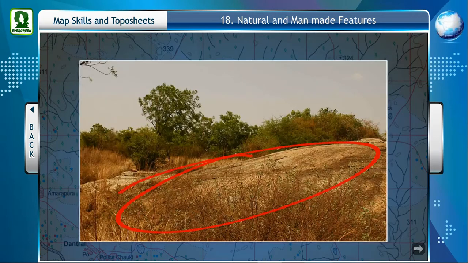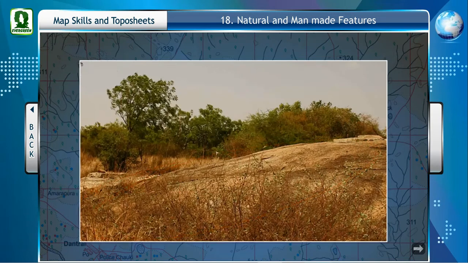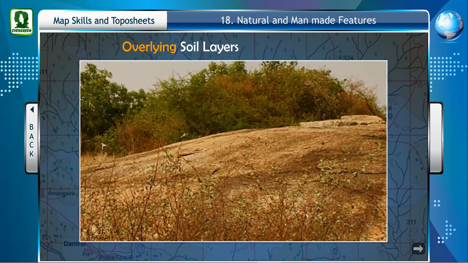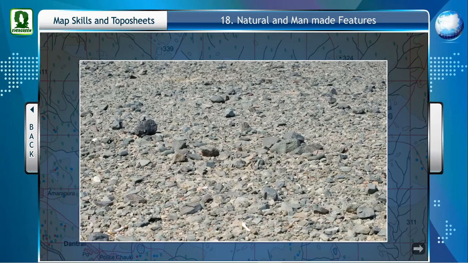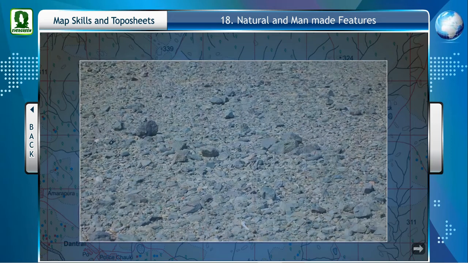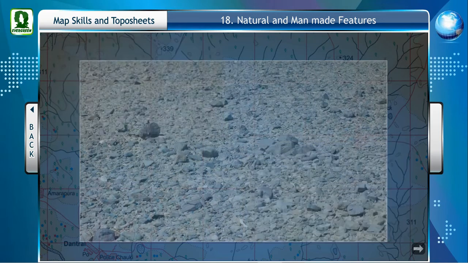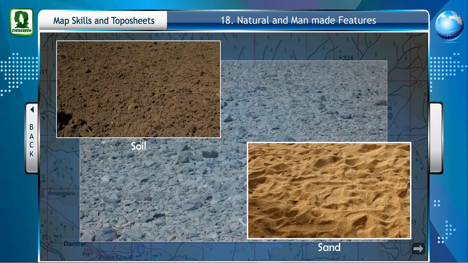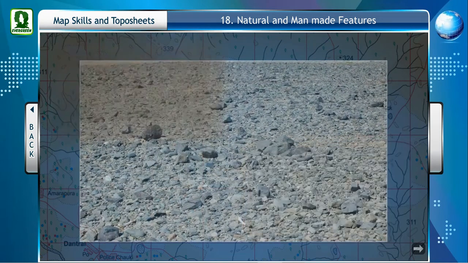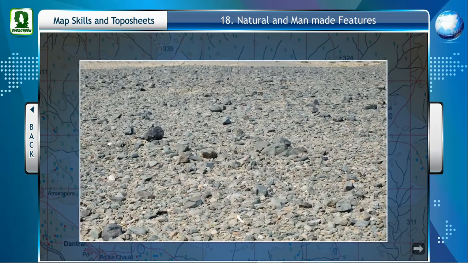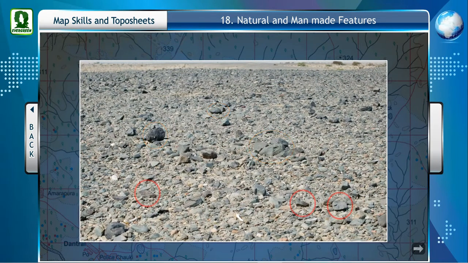Sheet rock are large areas of rock where the overlying soil layers have been eroded and removed due to mechanical weathering. Stony waste is a large area in arid or semi-arid regions where the finer sand or soil has blown away, leaving a surface covered with boulders, stones, and pebbles.